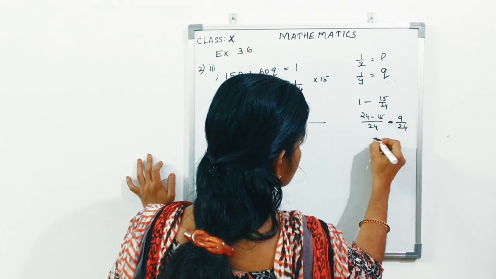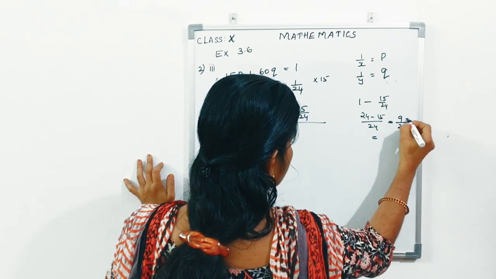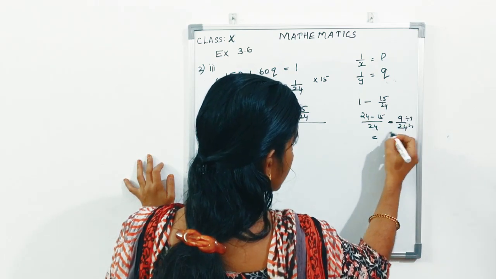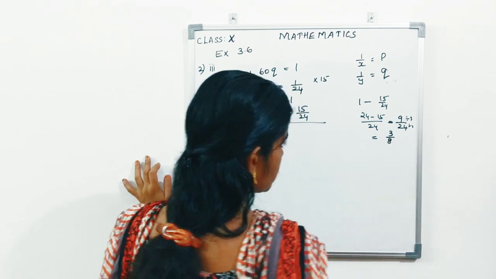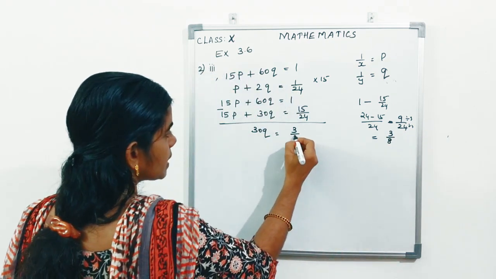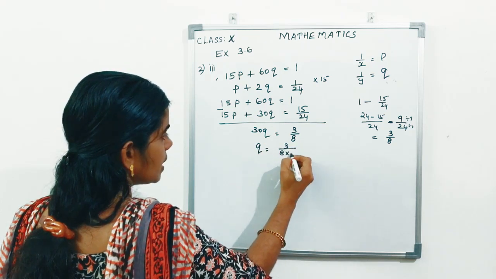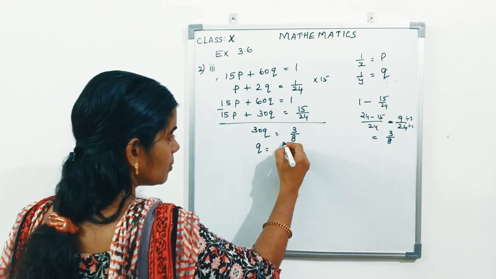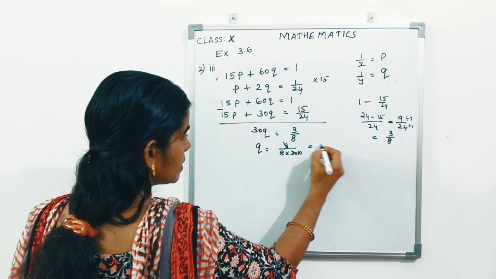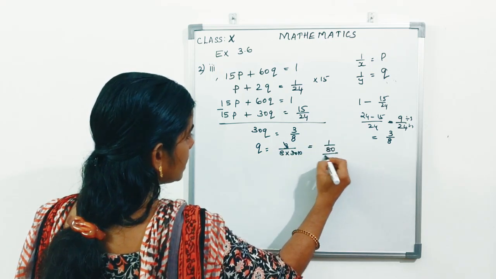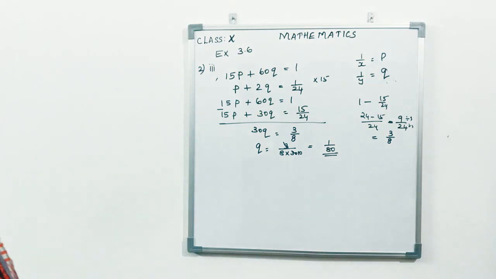Then we can make it smaller. We can divide this by 3, this also by 3, then you will get 3 by 8. 30q is equal to 3 by 8, then q is equal to 3 by 8 into 30. This will also come to the denominator, then you will get 10, that is equal to 1 by 80. q is equal to 1 by 80.